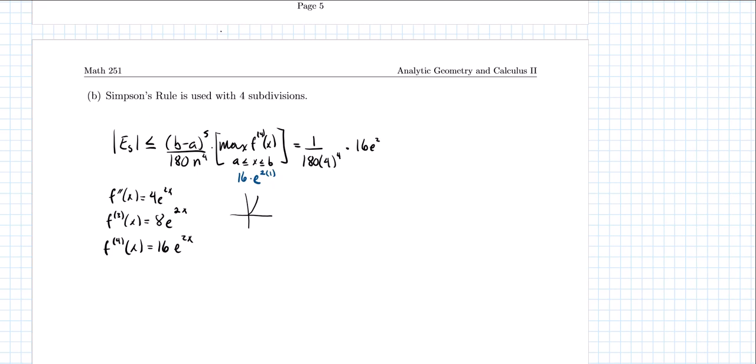So 16 times e squared, which is approximately 0.0025. Now, look at how impressive this is. With only 4 subintervals, Simpson's rule is going to have an error that's less than 0.0025. It is very, very accurate.